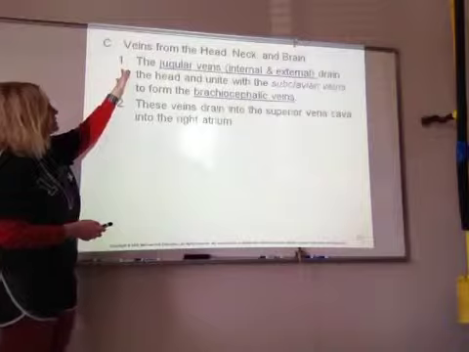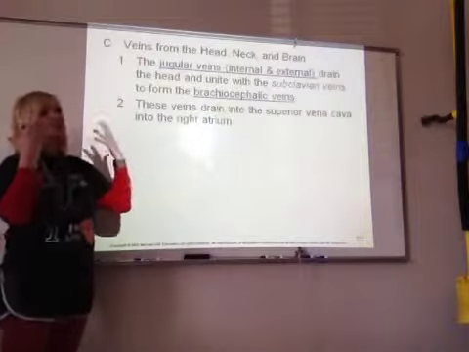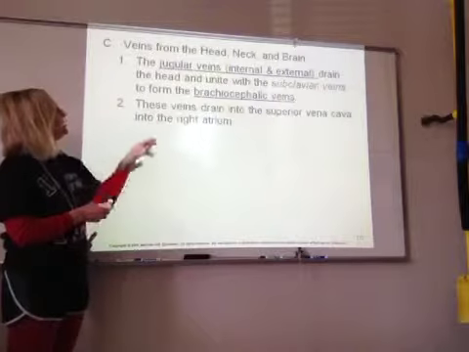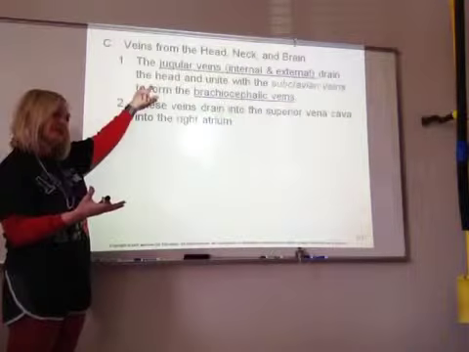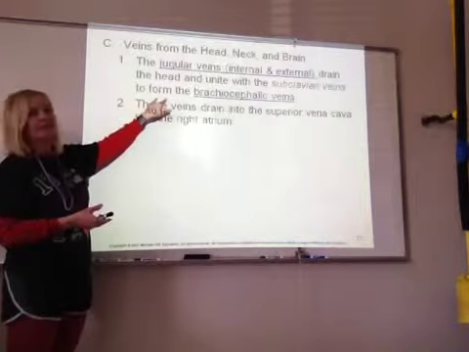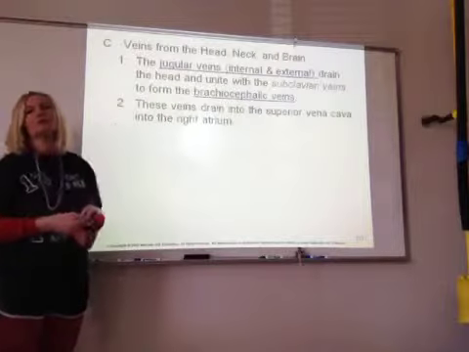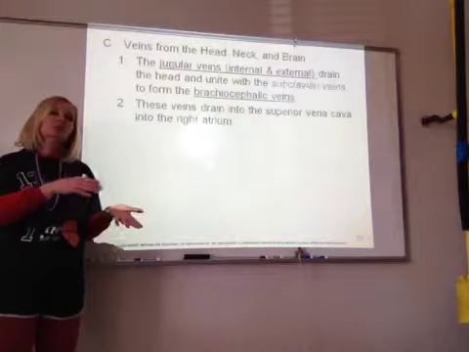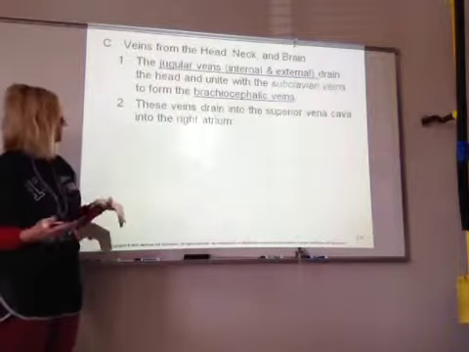Jugular veins are large veins that are going to drain the head, so that you should be aware of. Unite with subclavian veins, brachiocephalic veins. So if I told you that you should know your brachiocephalic artery, you should know your brachiocephalic vein.